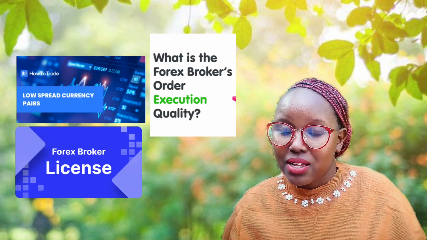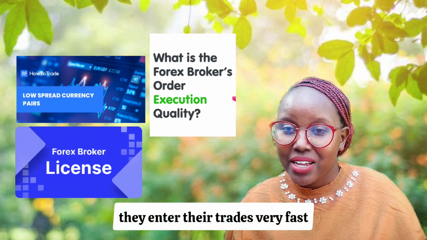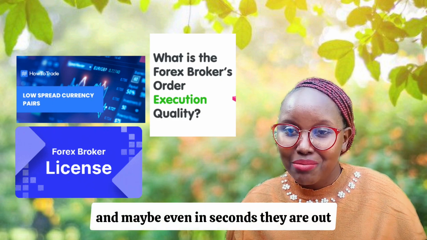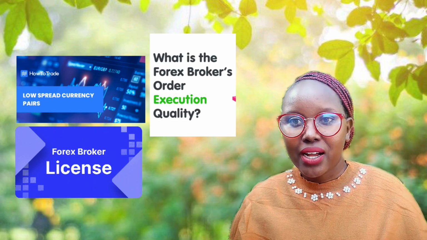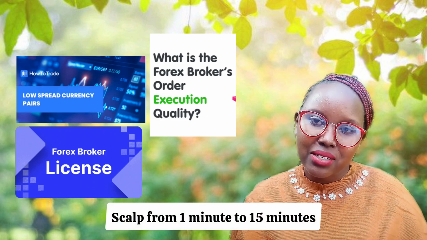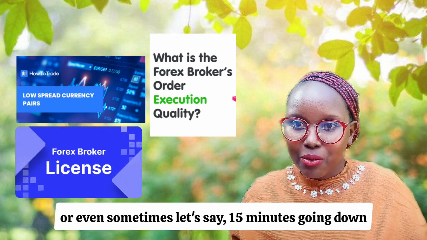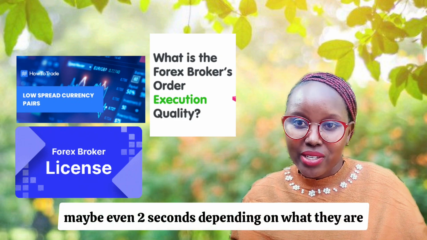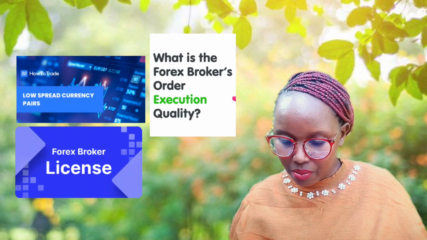especially for scalpers. Scalpers are traders that enter their trades very fast, and maybe even in seconds they are out, or even minutes, but they mostly scalp from 1 minute to 15 minutes, or even sometimes going down to 2 seconds, depending on what they are trading.